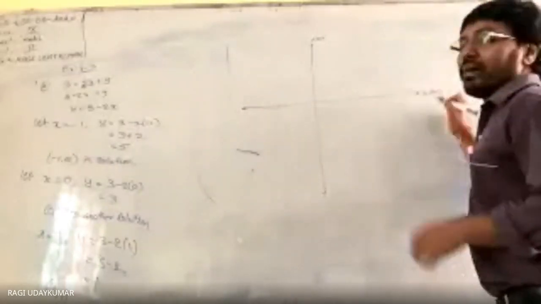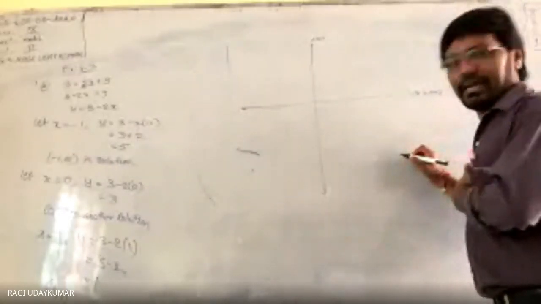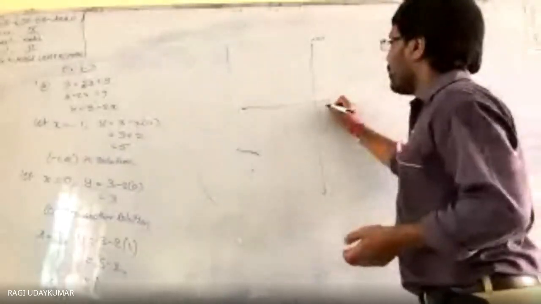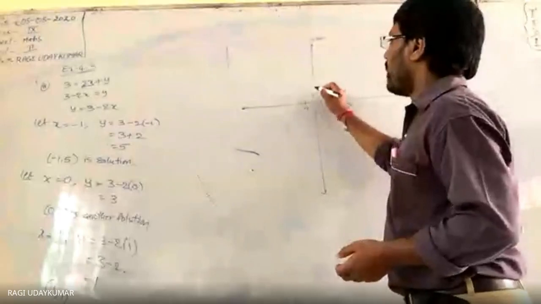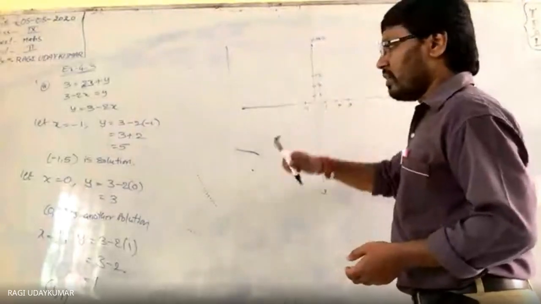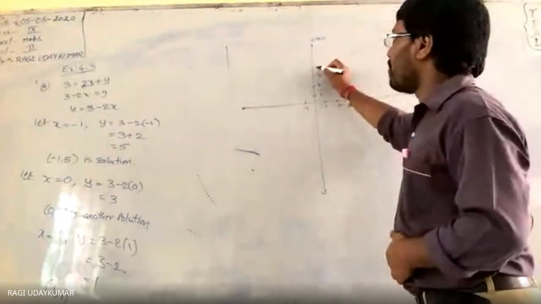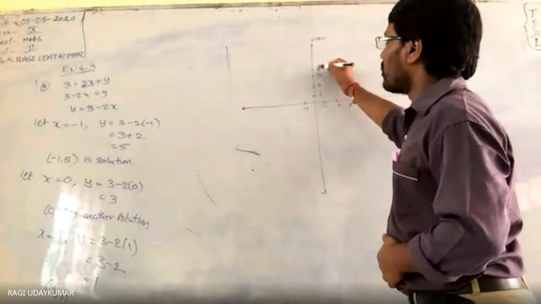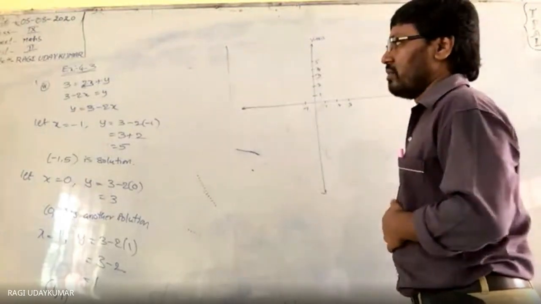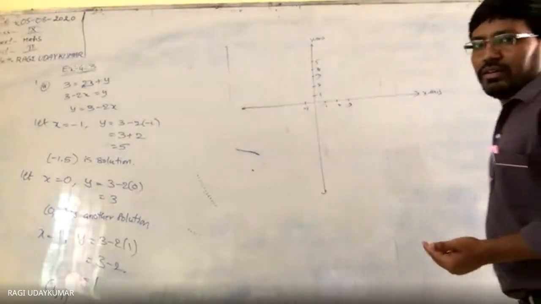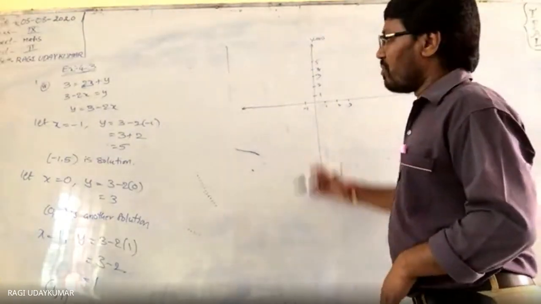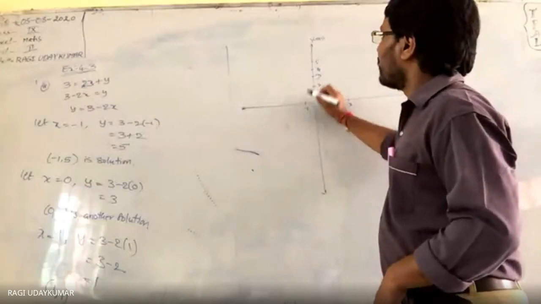So here 1, here 2, here 3, here minus 1, 2, 3. Maximum points किधर है, 5 points. 4 here, 5. Minus 1 comma 5, 0 comma 3, 1 comma 1. So this point you plot, minus 1 comma 5 means minus 1, 5 here.